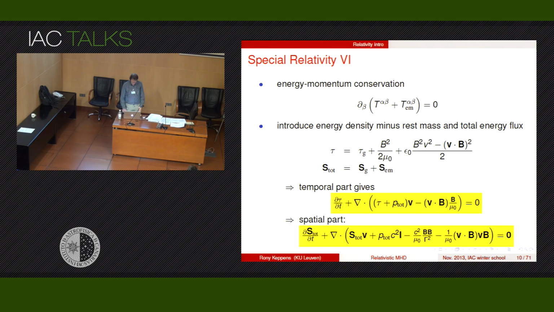Okay? In here I have now already used this ideal MHD trick to get rid of the electric field appearance in there. But I haven't neglected the displacement current. I am now fully consistent with the full set of Maxwell equations.